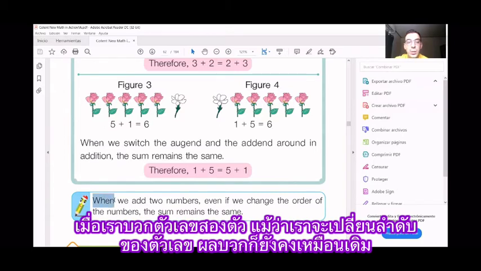When we add 2 numbers, even if we change the order of the numbers, the sum remains the same.